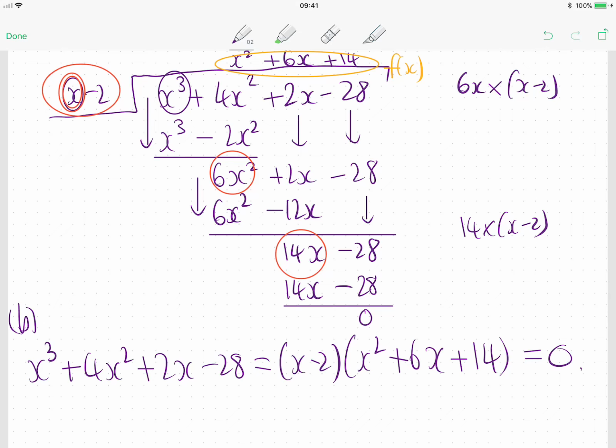Well, we've already done this bit in here. We can see x is 2. This will give 0. The other solutions are inside of here. So the question is next, when is x squared plus 6x plus 14 equal to 0?